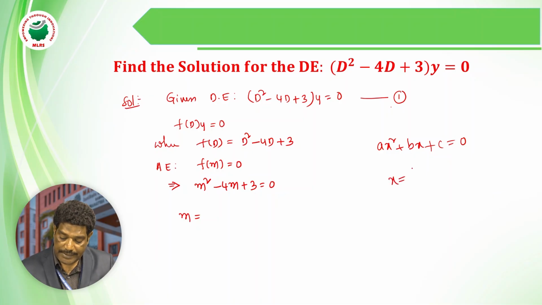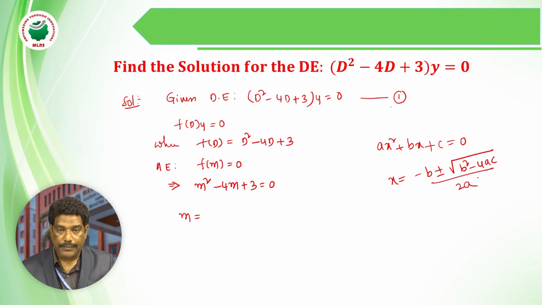Then what are the roots? x equals minus b plus or minus square root of b square minus 4ac, by 2a. This is the formula. Here in place of x, we have m.